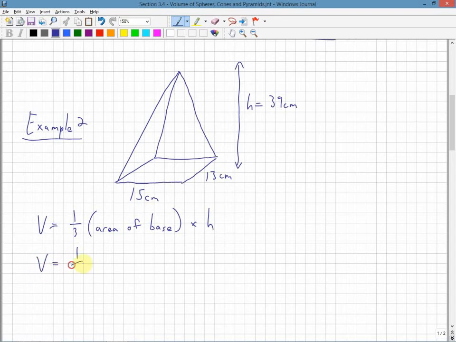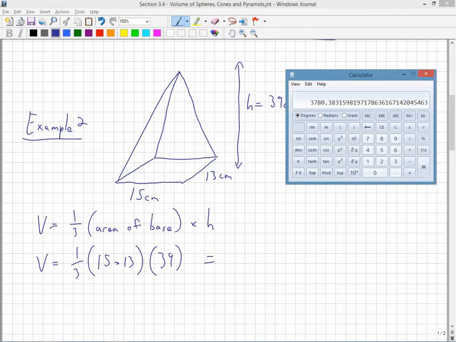So when we're plugging through these values, the area of the base is 15 times 13, and the height is 39. Again, everything's in centimeters, so that's good. If something wasn't in centimeters, then we would have to convert it to centimeters first so that everything is in the same units. So again, I just multiply this through, no pi to deal with in this case because there's no circle, no circular base.